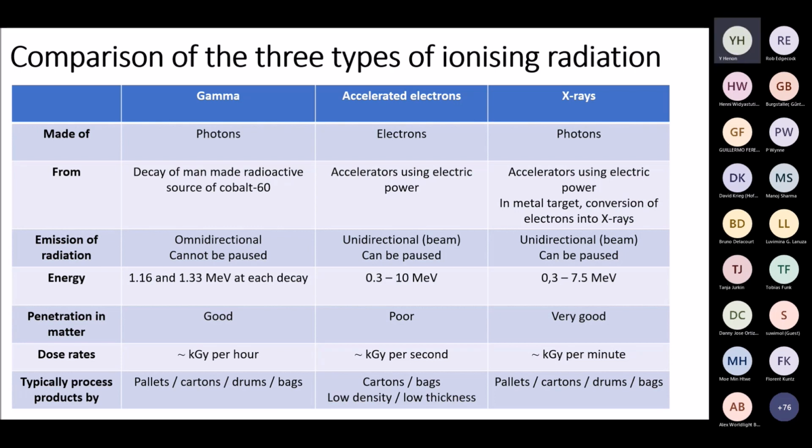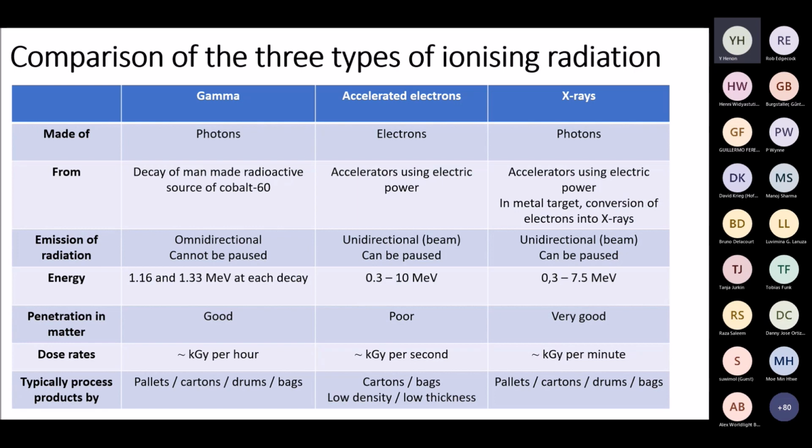These photons, having no mass and no electrical charge, have a good penetration power in matter. So products can be processed by bags, drums, cartons, or even full pallets. However, the dose rate, the quantity of energy that is emitted per time unit, is rather slow, and the order of magnitude is kilograys per hour. We will come into the unit right after.